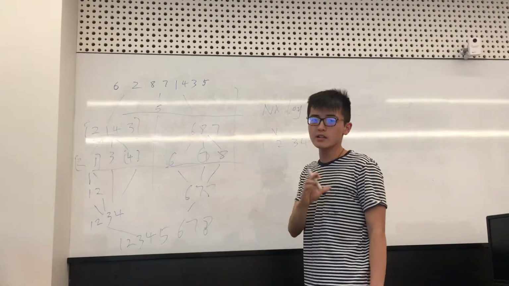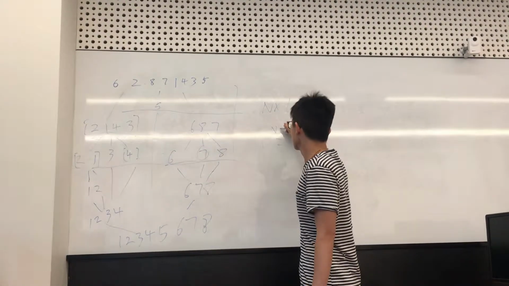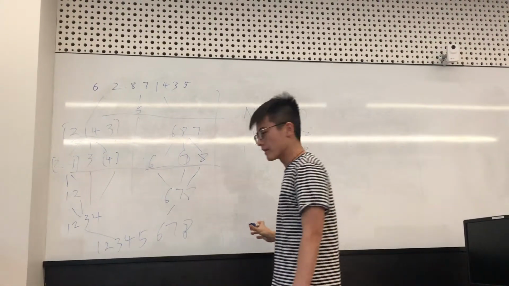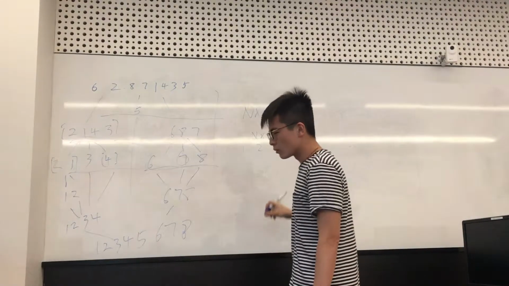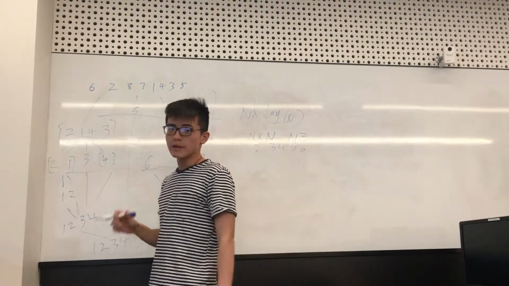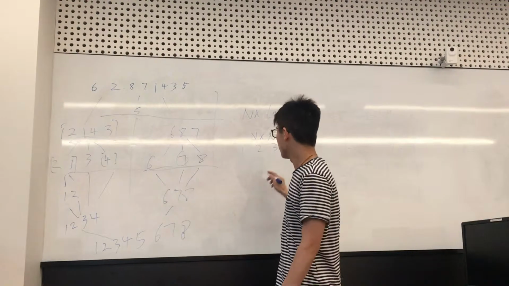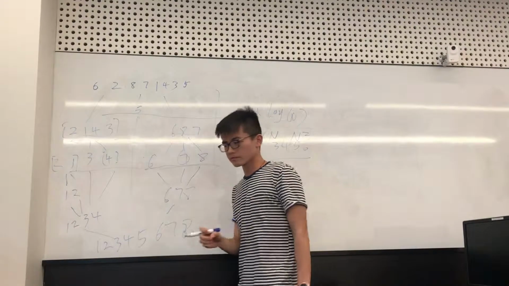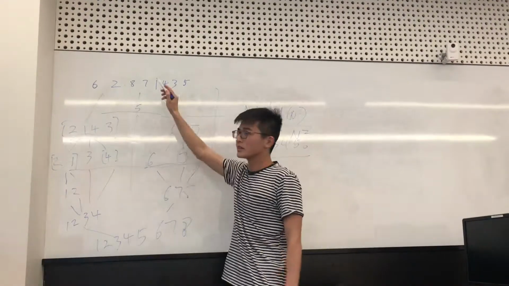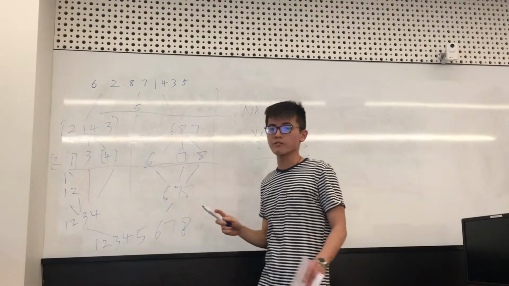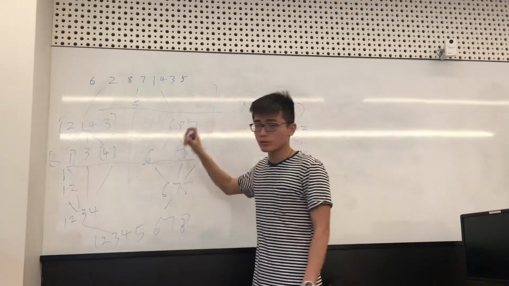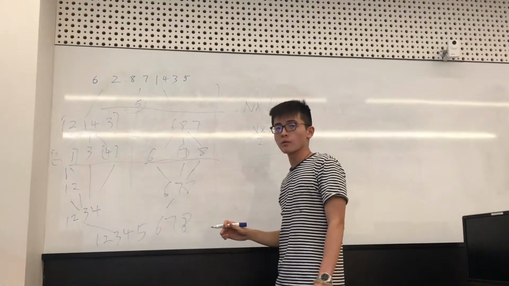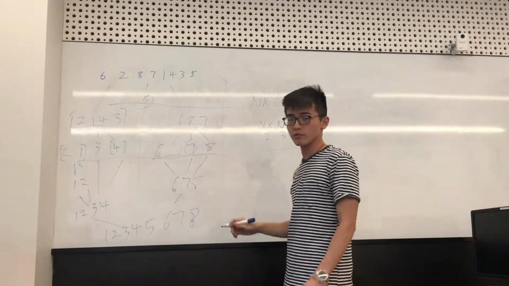So still n constant operations times n levels, we will get n squared. So that's very big. Although the length of this list is an important factor, the pivot we choose is also a big factor that will affect the time we will use.